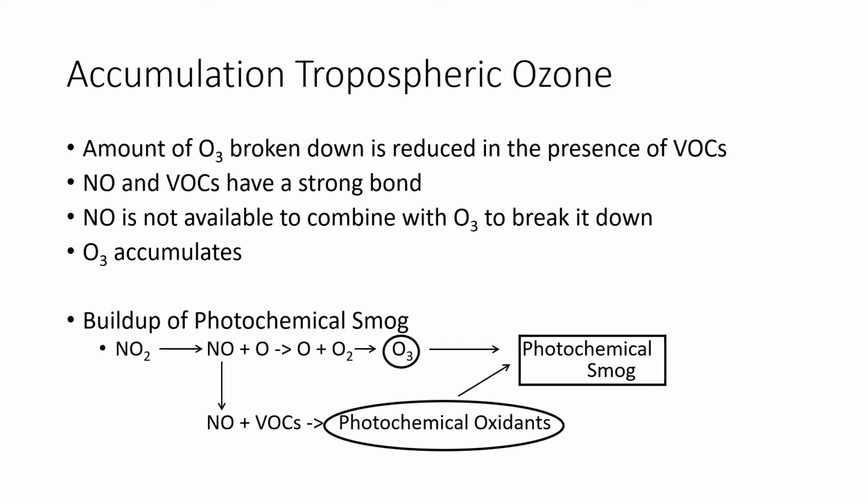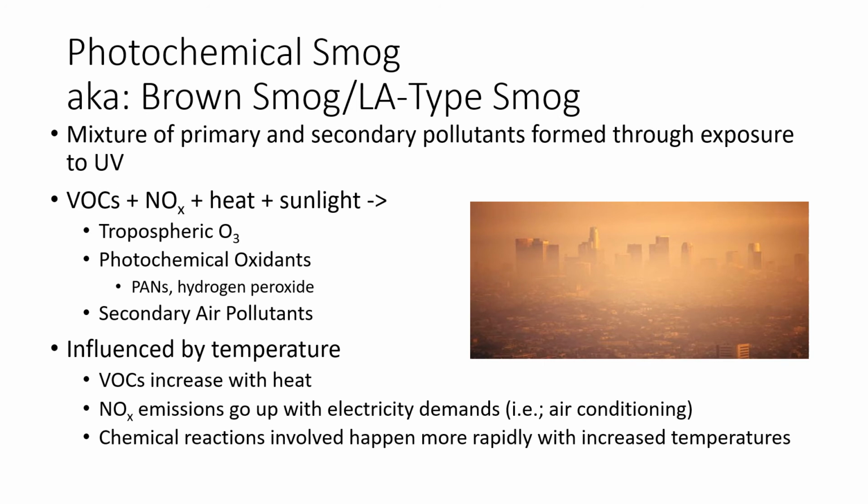So what does photochemical smog really look like? If anyone's ever been to LA, it's hazy. It's not nice. It's a mixture of primary and secondary pollutants, like I said. You have nitrogen oxides and also ozone, and with exposure to the sunlight, you get photochemical smog.